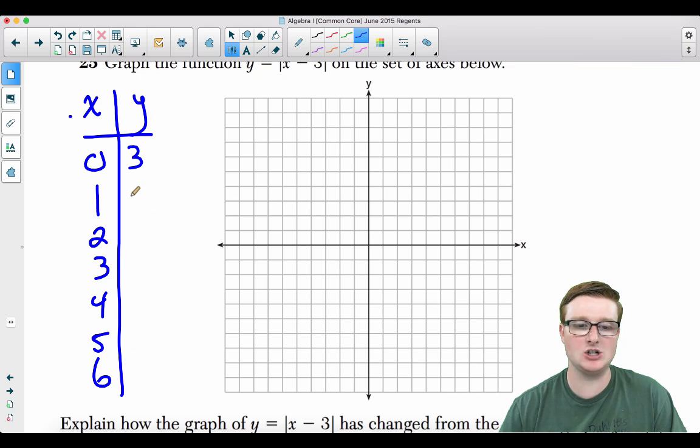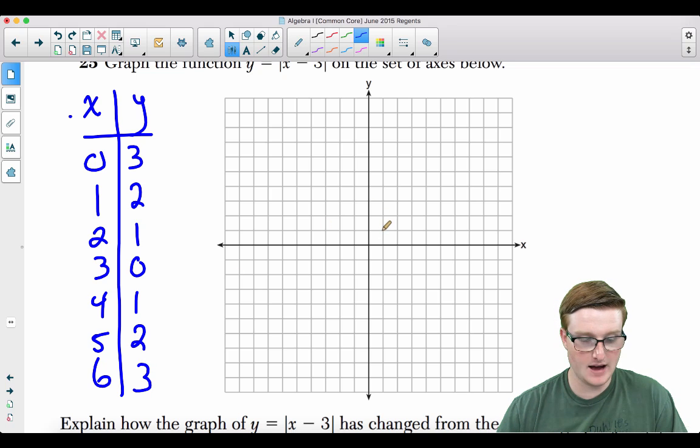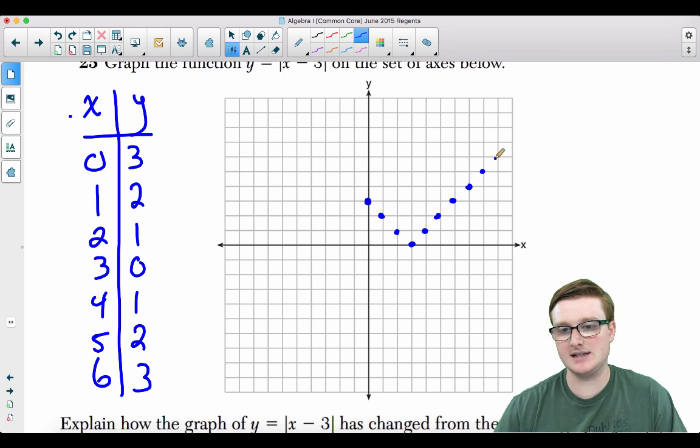And I'll tell you why I'm not doing the left, because you should know that the absolute value function in this case has a slope of 1 over 1. So if I were to graph all these, it extends in this direction like that, and same thing to the left, it looks something like that.